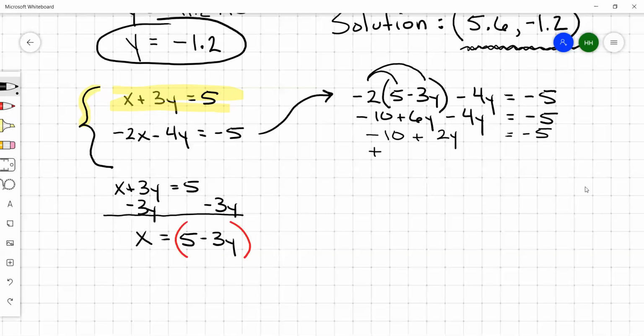If we add 10 to each side, we get 2y is equal to 5, and we can divide both sides by 2. So our y is equal to 5 divided by 2, which is 2.5.